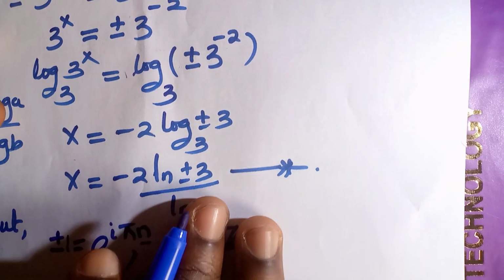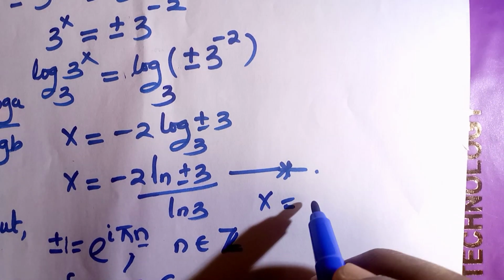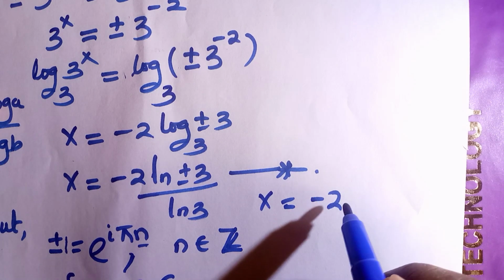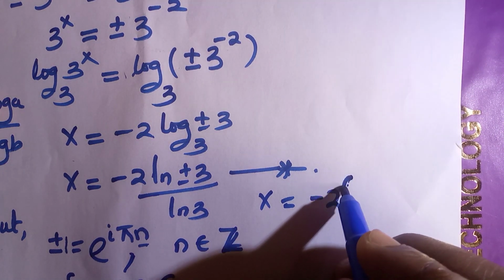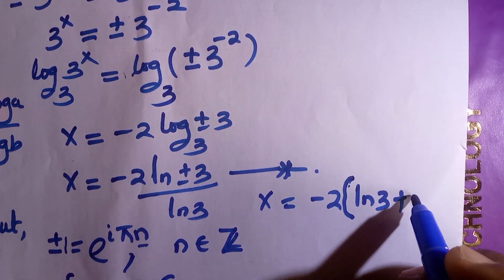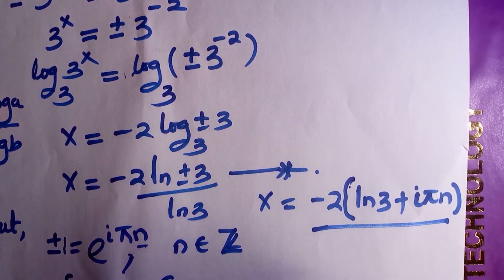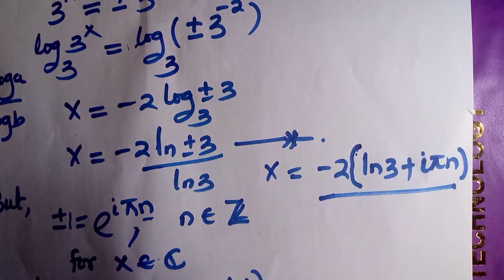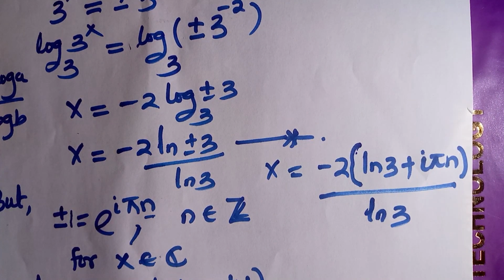So we just replace ln of plus or minus 3 by what we get below. Then we have x equals minus 2 times, so we create a bracket, ln 3 plus i pi n, everything divided by ln of 3. So this is how to solve this problem.